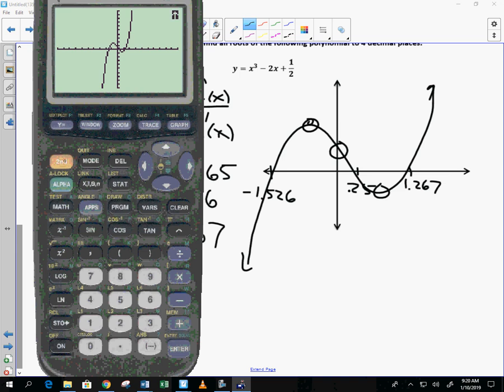You go second, calculate, 0, number 2. And remember, you would go left bound because you're trying to say, well, what should we guess between? We're going to guess between negative 1.7 and negative 0.85. What was our guess? Our guess was negative 1. And what does it produce? It produces the negative 1.526 for us.